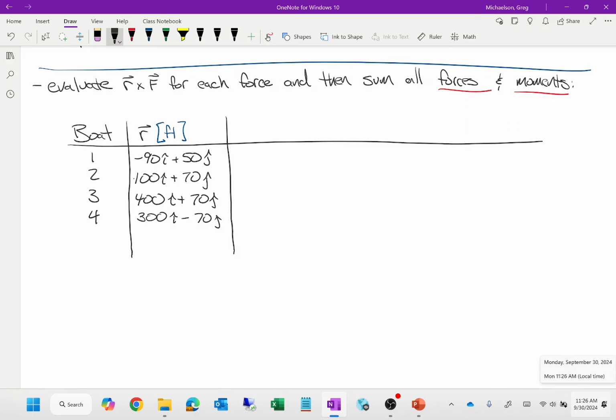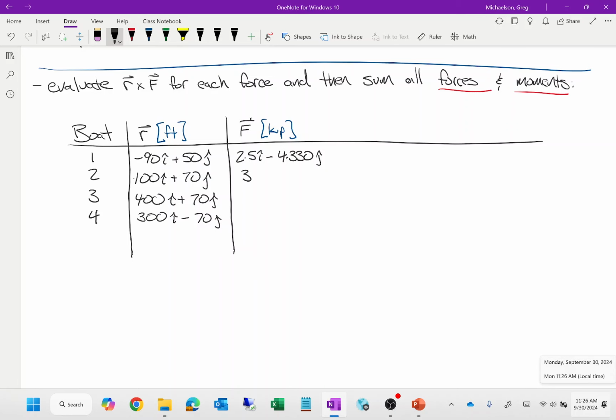Okay. Next thing I'm going to do is write down all these force vectors. Okay, let's see what I had. I had 2.5i minus 4.330j.